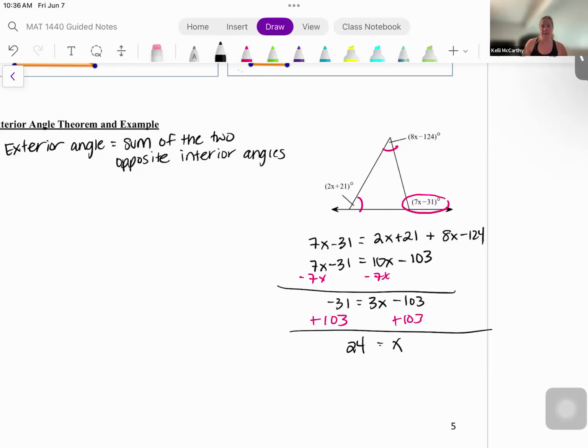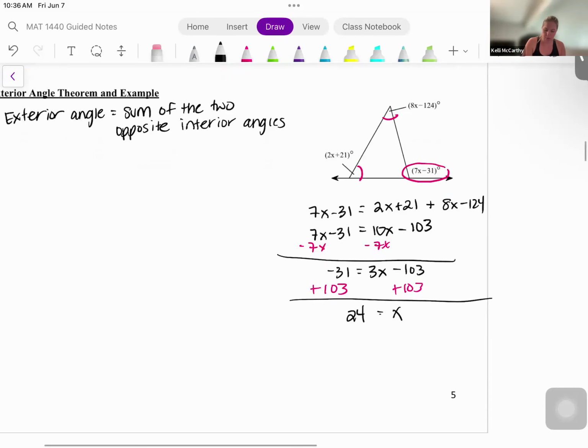Now, if I wanted to then find the measure of that exterior angle, it would be 7 times 24 minus 31, which is 137.